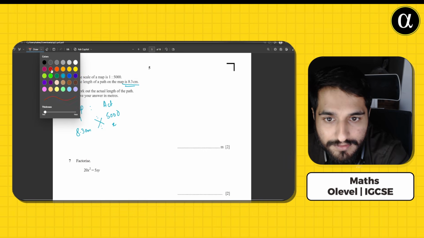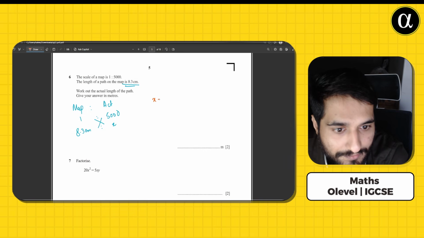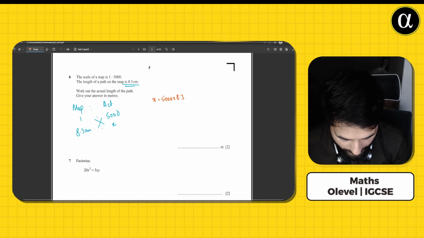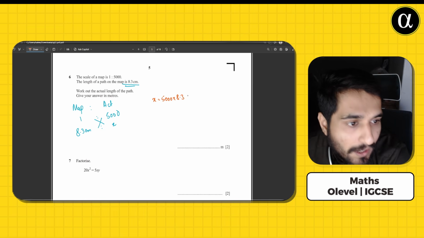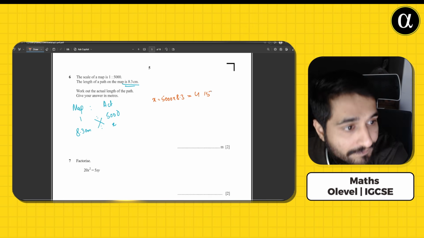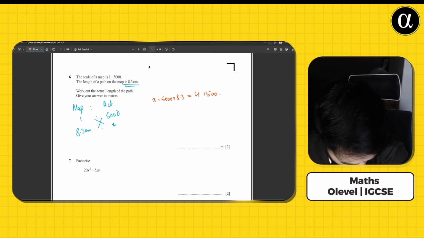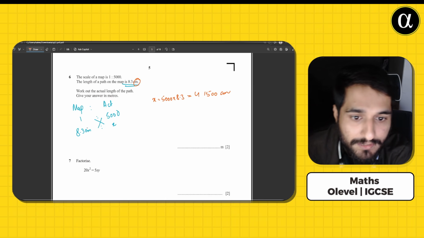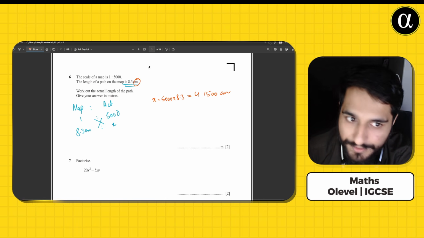Now what this means is x is equal to 5,000 into 8.3, and this value would be somewhere around 41500 centimeters. Because the value was in centimeters, the ratio is in same units.